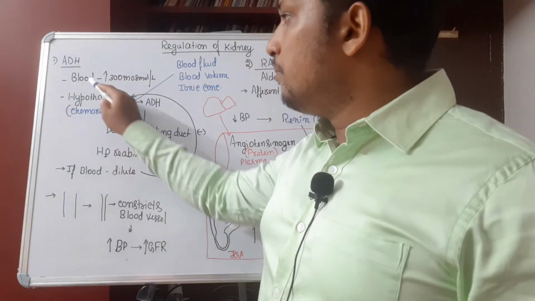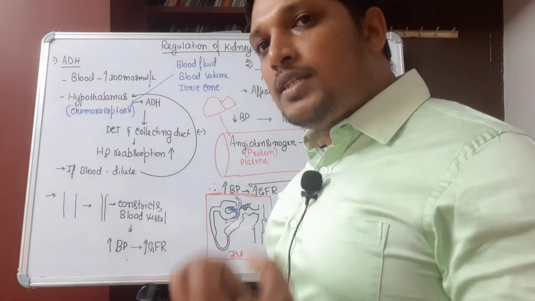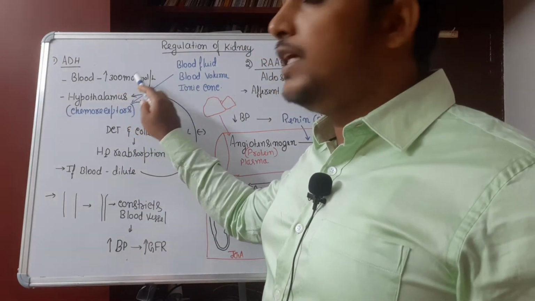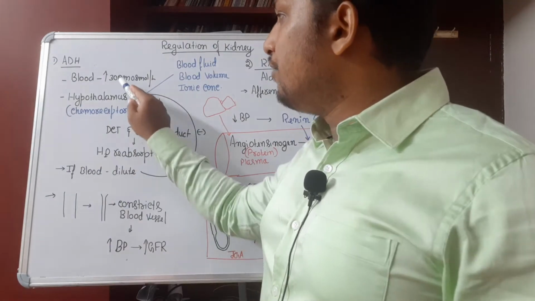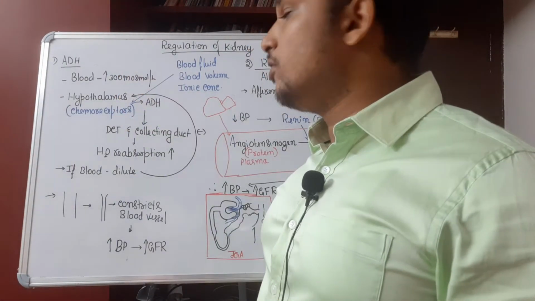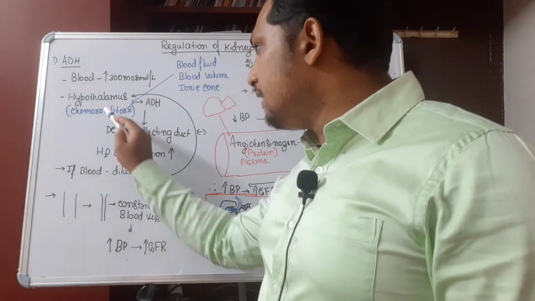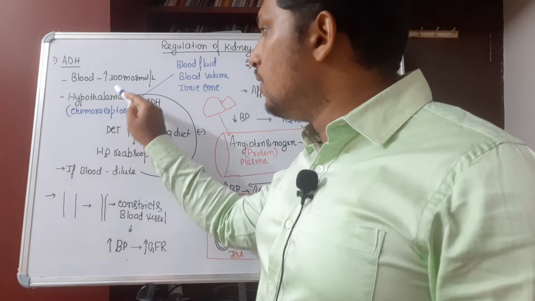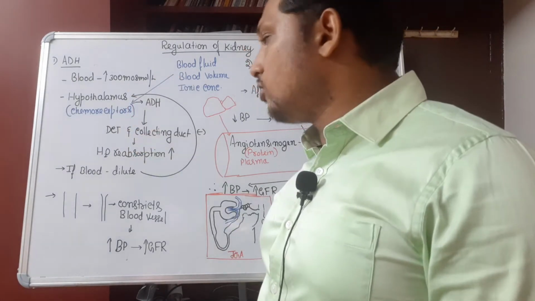Let's say the concentration of blood which is pumped by the heart is 300 milliosmol per liter. If the osmolality increases to more than 300 milliosmol, then the chemoreceptors present in the hypothalamus will recognize that increased osmolality.